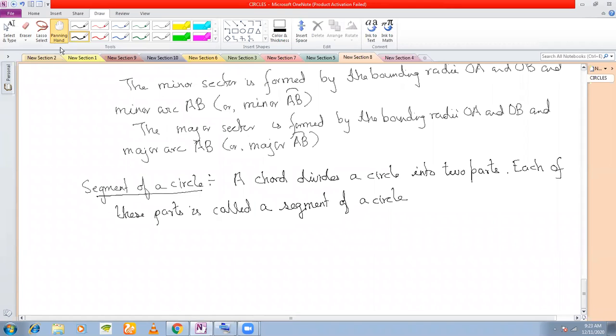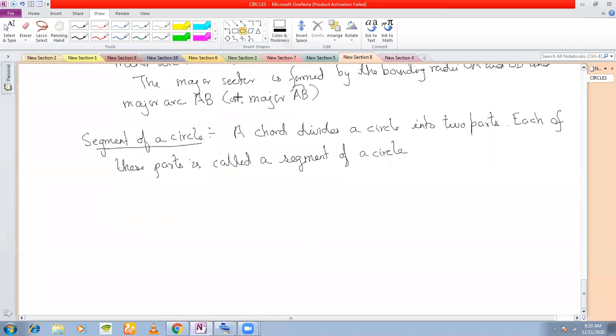This is your circle. Take any chord AB. You see that this chord divides the circle into two parts. This part here, and this part here.